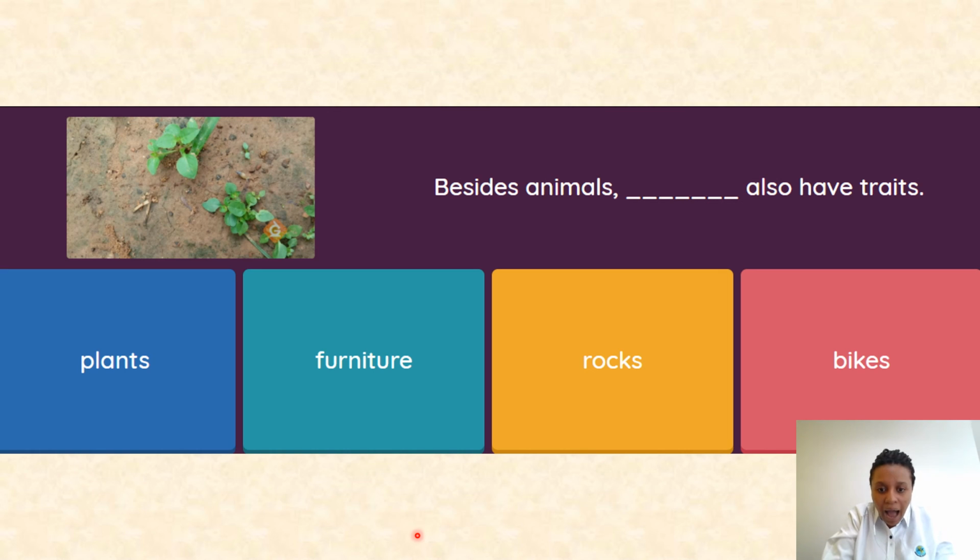Okay, so I would say plants also have traits. Some animals have similar traits. Some are big, some are small, some are yellow, some are pink. Okay.